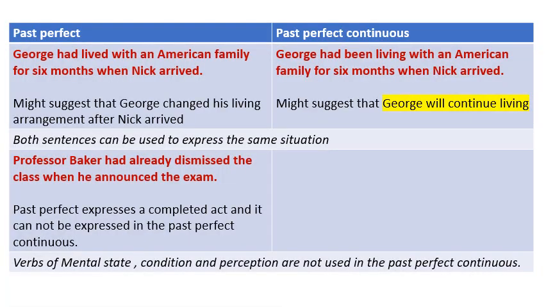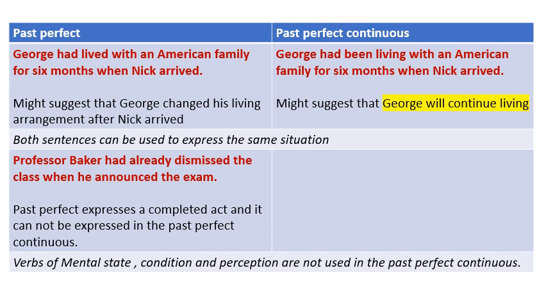Right. Let's compare the past perfect and the past perfect continuous. The past perfect, let's have the following example. George had lived with an American family for 6 months when Nick arrived. We have two events. One of them is living with an American family, and the other one is the arrival of Nick.